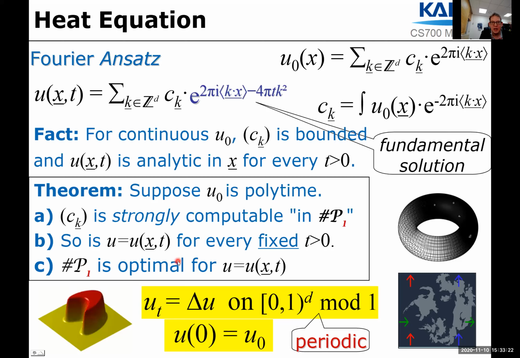So let's prove that. I already gave the proof for item A, and the proof of item B, which follows from this, because we only need polynomially many of these coefficients, and therefore polynomially many terms, because the tail tends to 0 so very fast. And it remains to prove item C, the optimality.